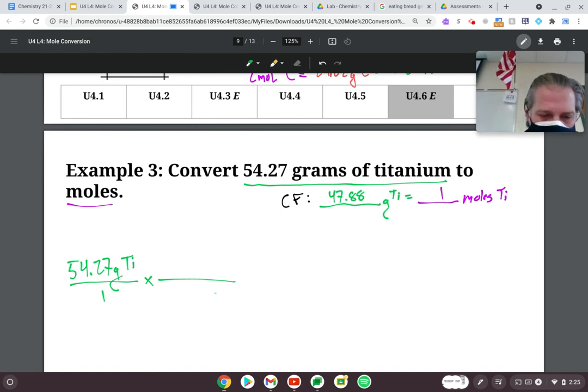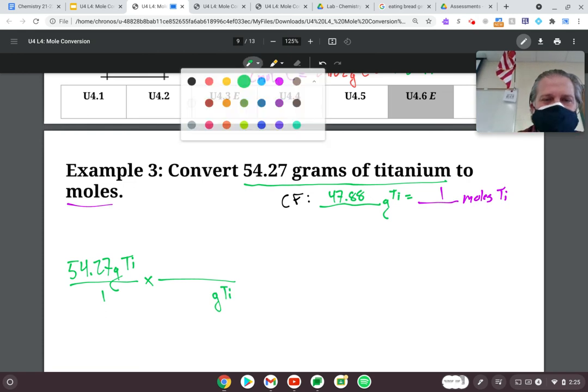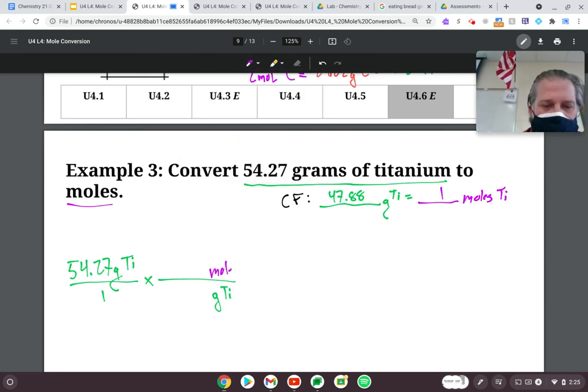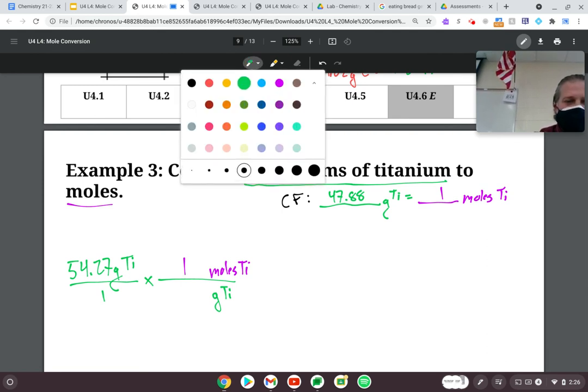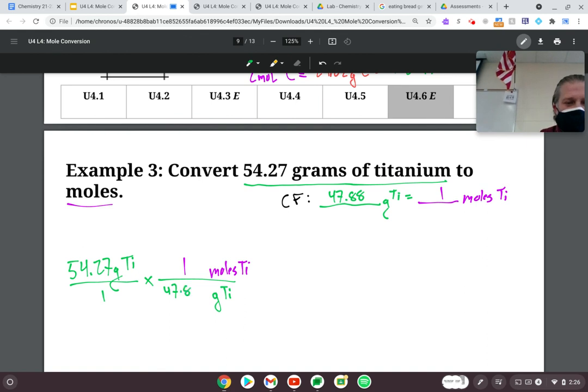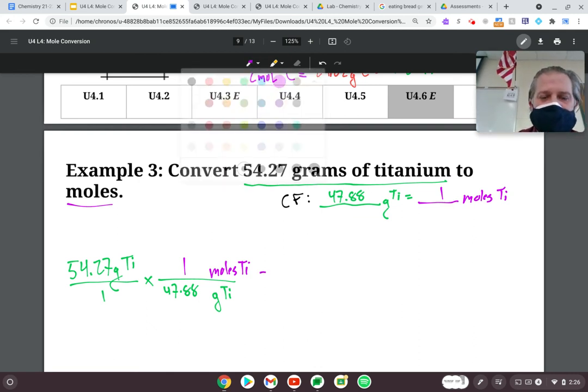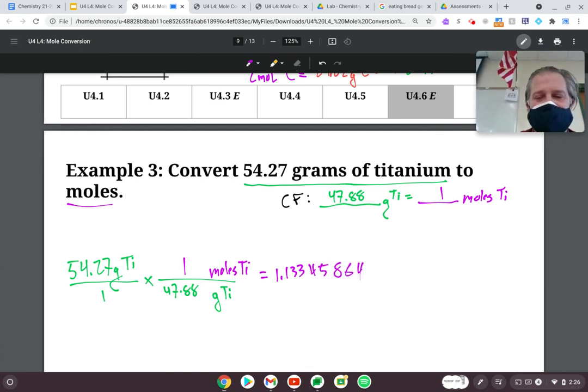So I'm going to set this up so grams of titanium cancels out, and moles of titanium is what I'm trying to solve for. I take my relationship, which is 1 mole of titanium over 47.88 grams of titanium, and plug it into my calculator. So 54.27 divided by 47.88. The calculator gives me a value of 1.133458647.